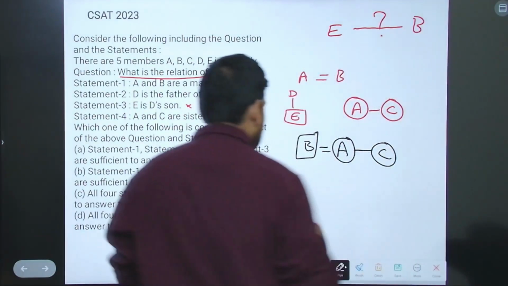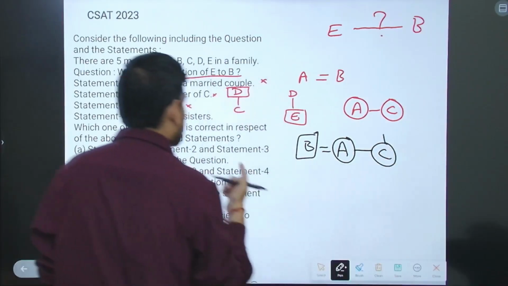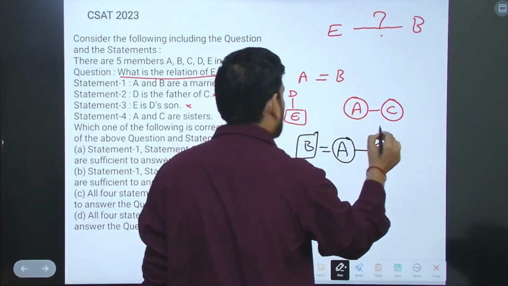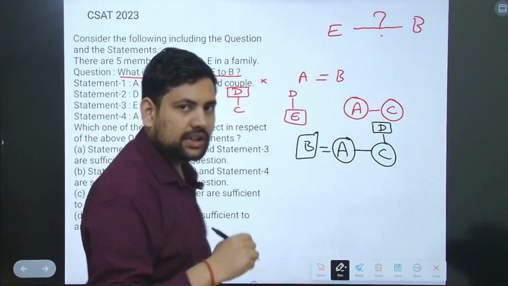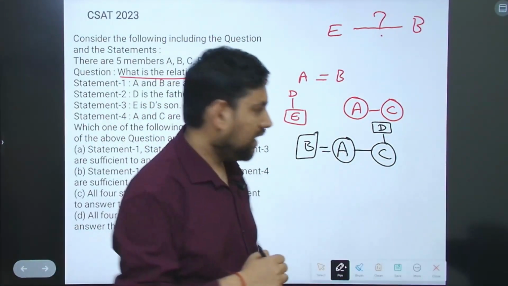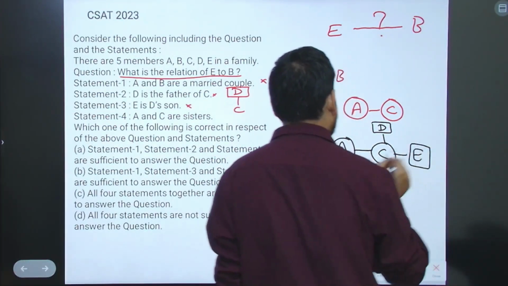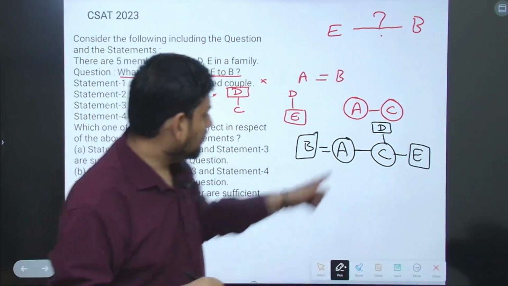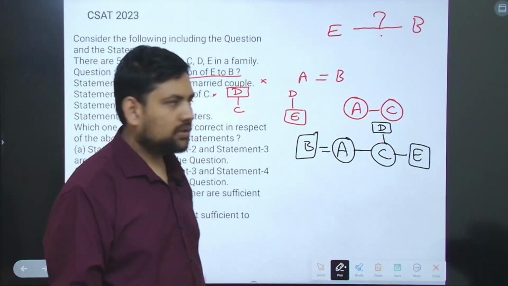Then D is father of E also. Now C. So D is father of C. So I draw D like this. Also D is also father of E. That means C and E have to be siblings. So C and E have to be siblings. Correct? So A, B, C, D, E, all 5 done. So you are able to draw the diagram.